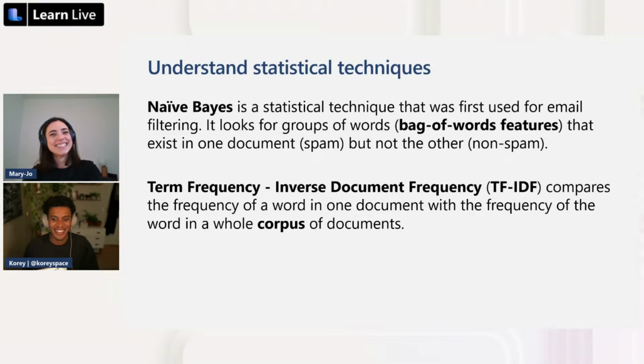Right. So another technique is term frequency inverse document frequency. That basically means that they look at the frequency of a word in one document and compare it with the frequency of the word in the whole corpus of documents. For example, think of the word flour. Flour would very often be used in recipes related to baking. Because you know that flour is often used together with baking, you know it's related to a specific topic.